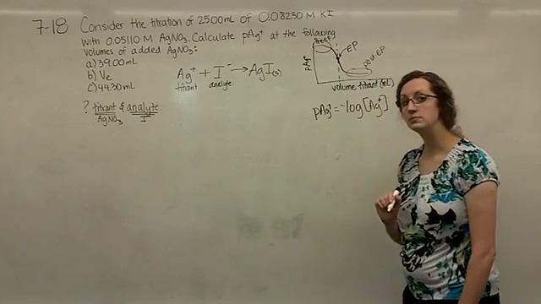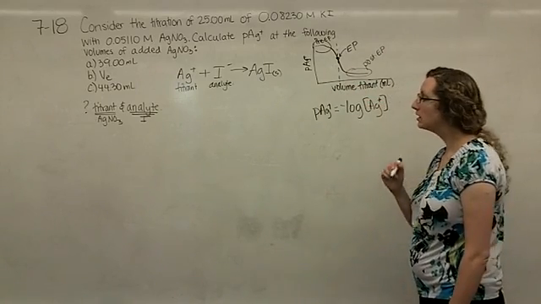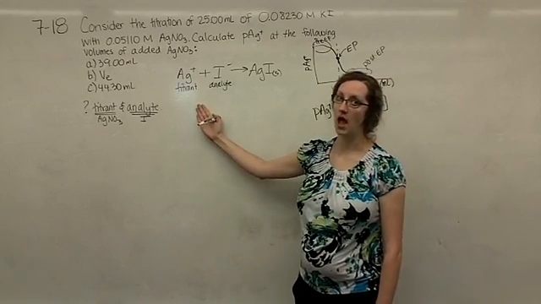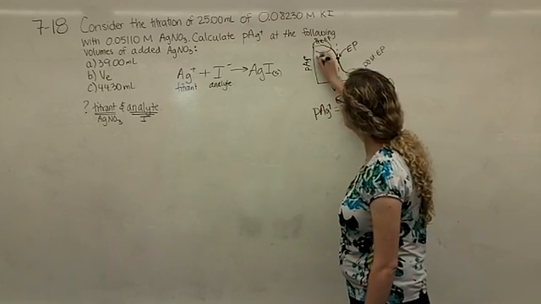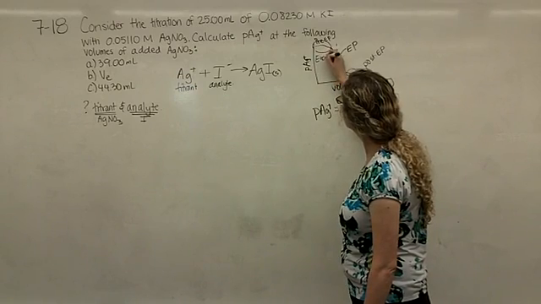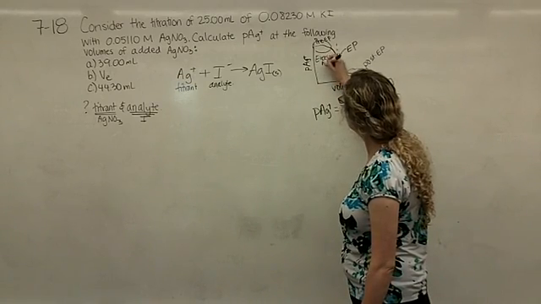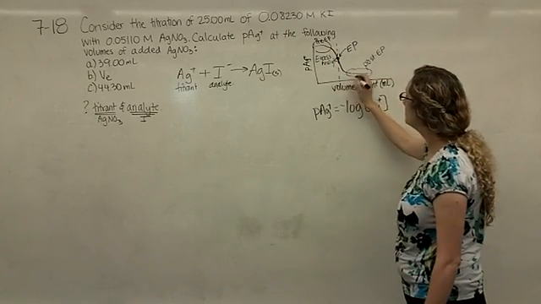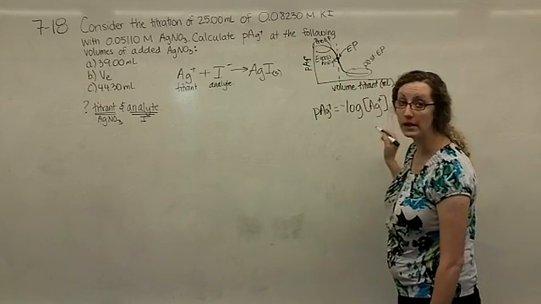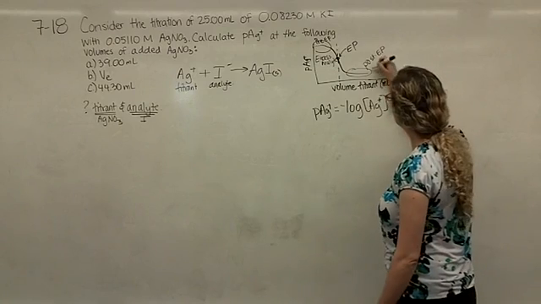At our pre-equivalence point, what we have is we are limited by the amount of titrant we have. So we have excess analyte. And in the post-equivalence point, we have excess titrant.